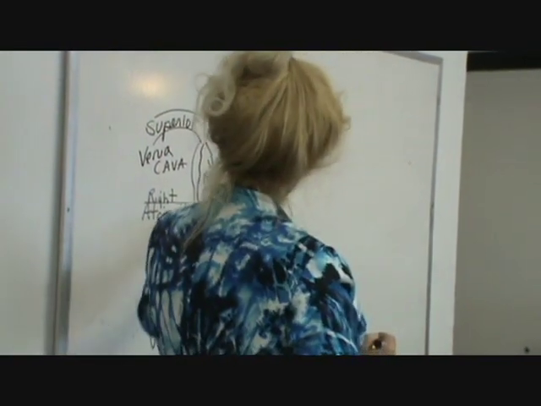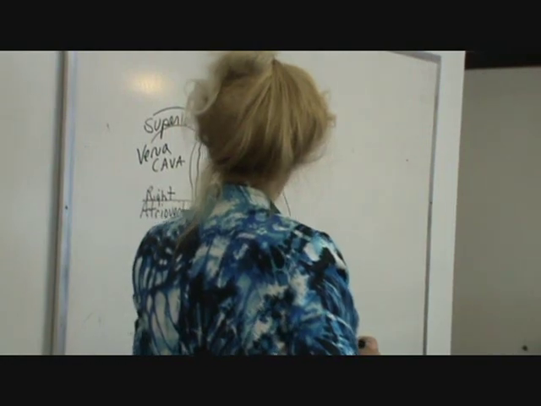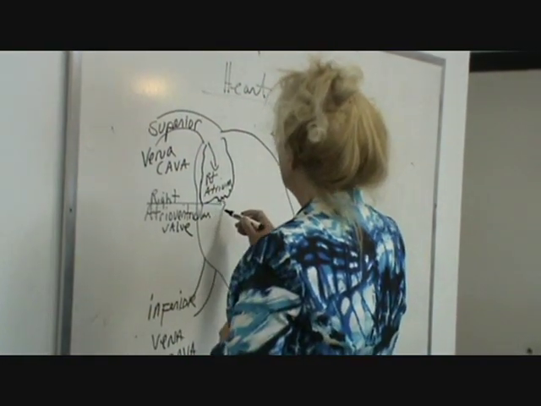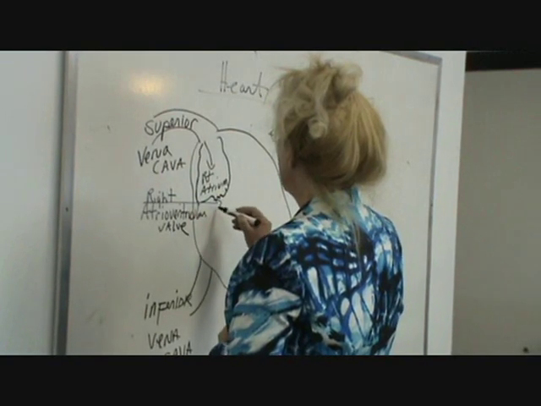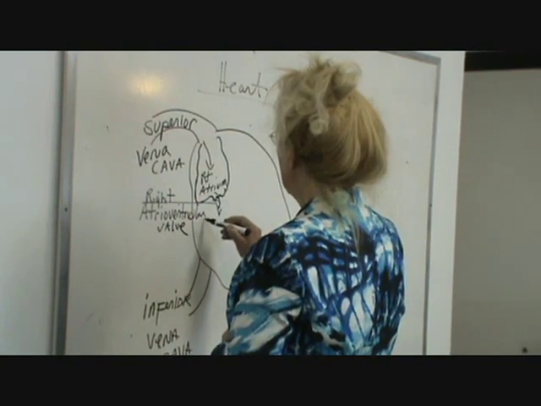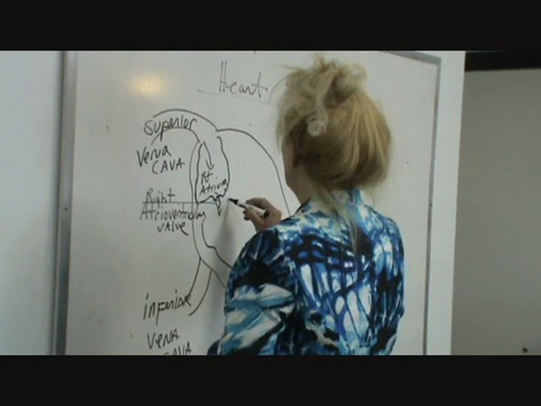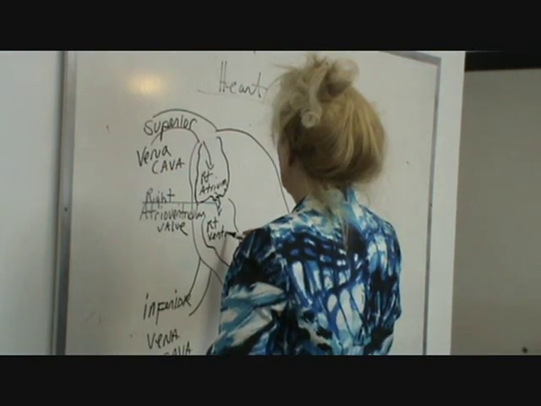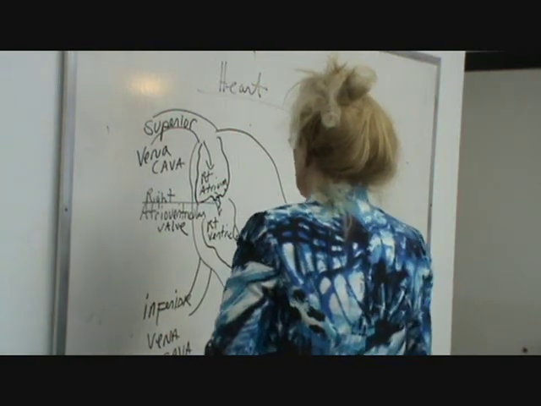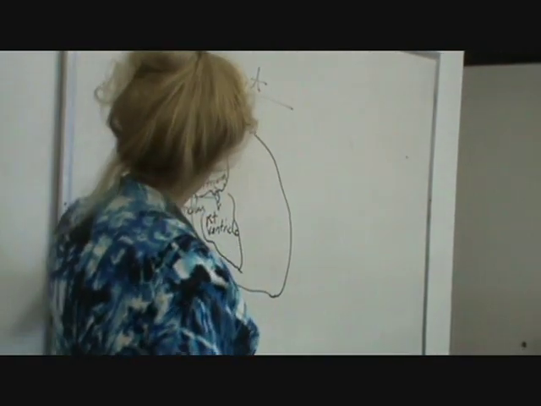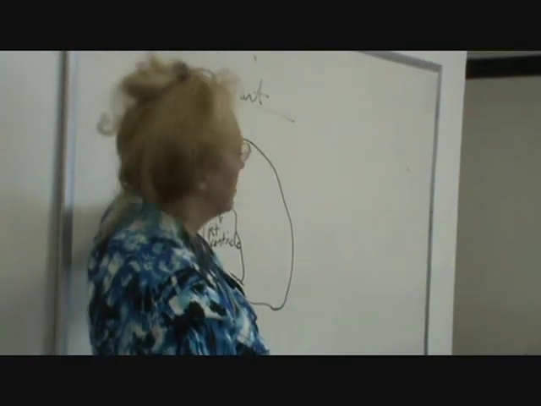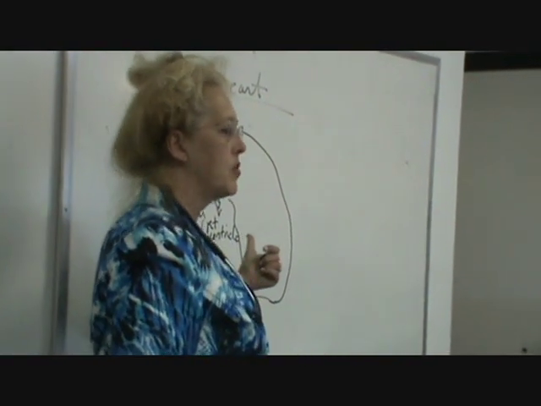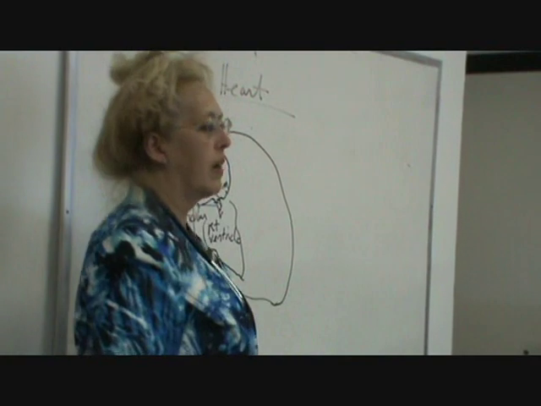So the right atrioventricular valve or tricuspid valve, when the blood goes through the right atrium, from there it's going to empty out into the right ventricle. So from the inferior and superior vena cava, both emptied into the right atrium, through the tricuspid valve or the right atrioventricular valve, into the right ventricle.